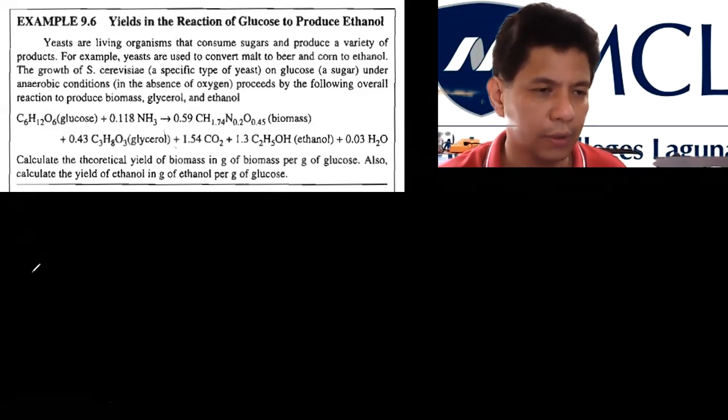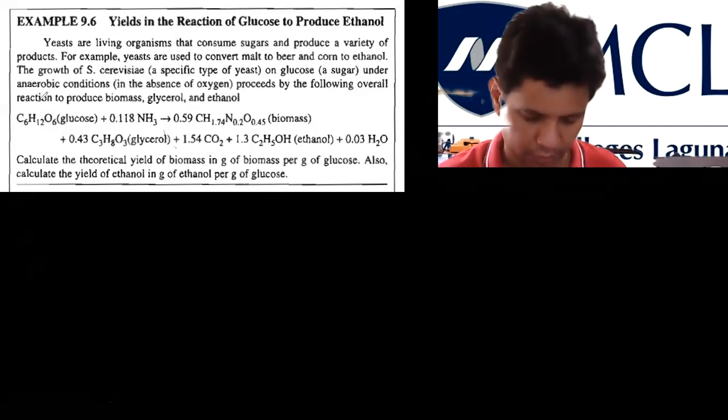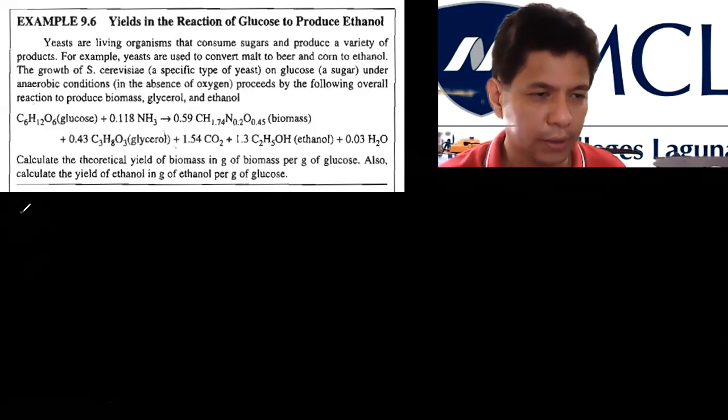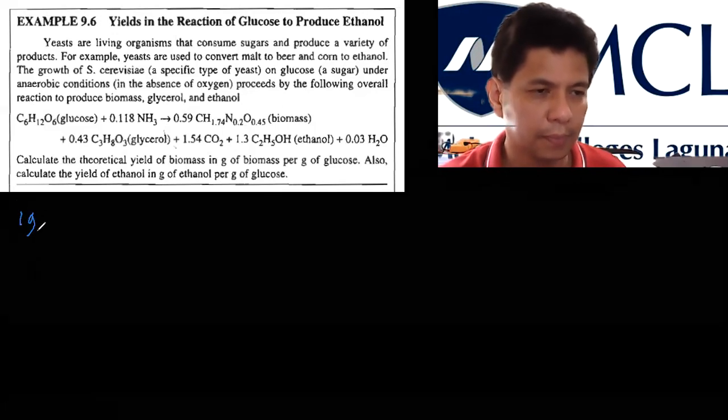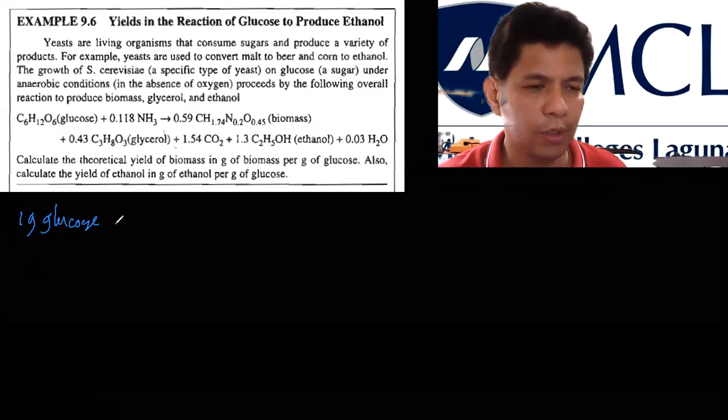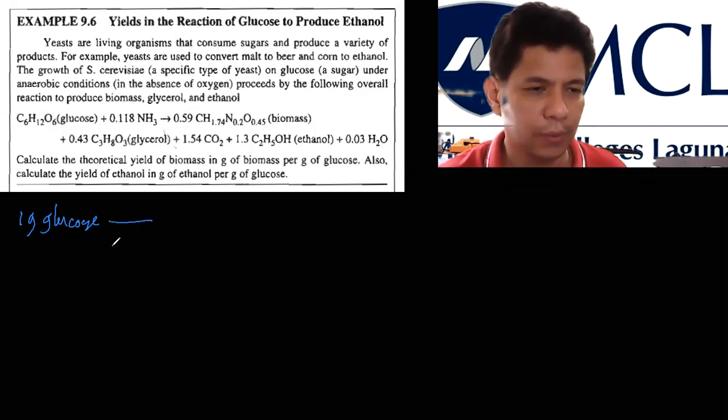So let's start with 1 gram of glucose. The molar mass of glucose is 180. So for every 180 grams of glucose, this is equivalent to 1 mole of glucose.